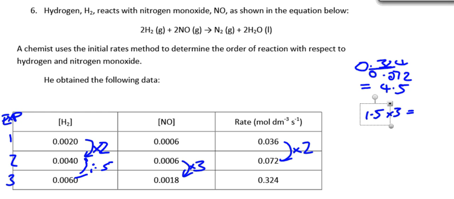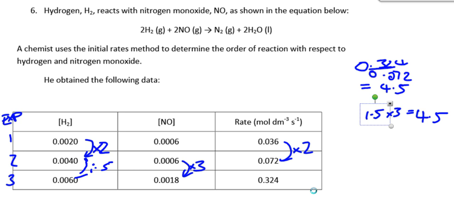You may find that remarkably it gives you 4.5. Now this means that the rate has been times by 1.5 and it has also been times by 3.